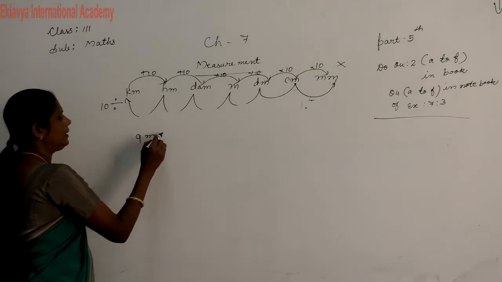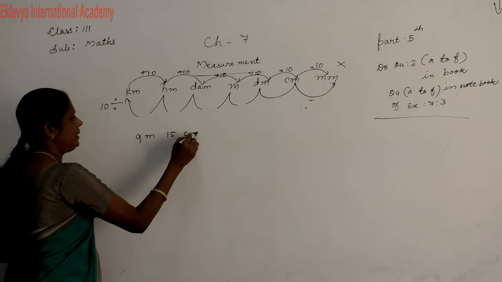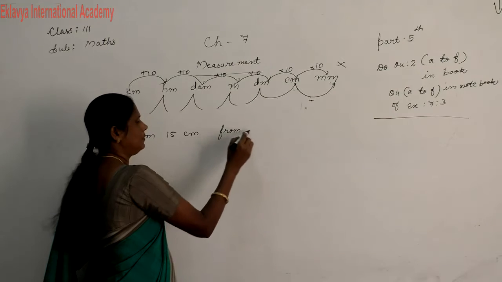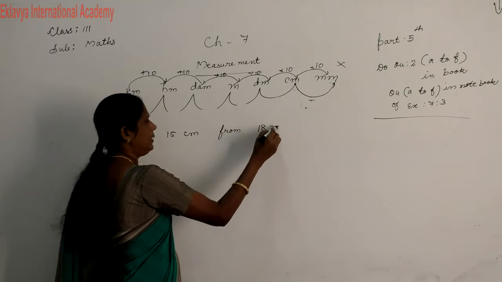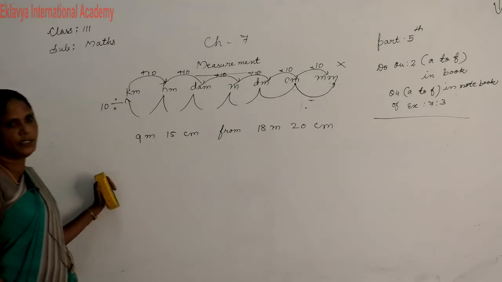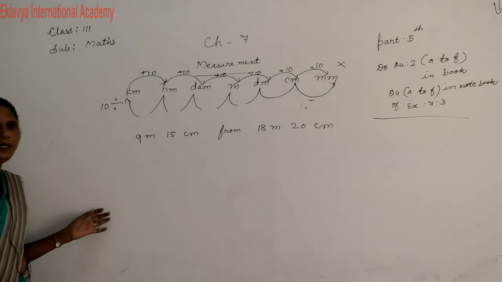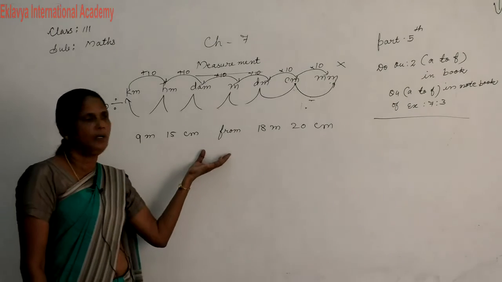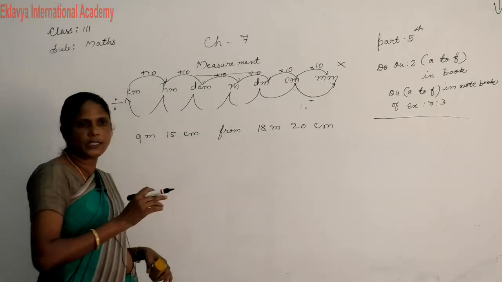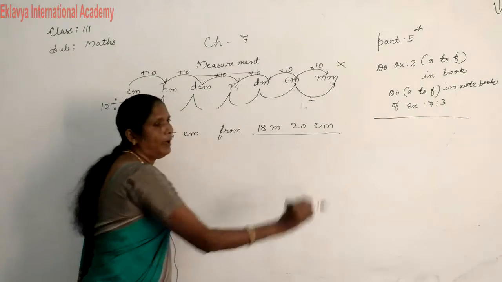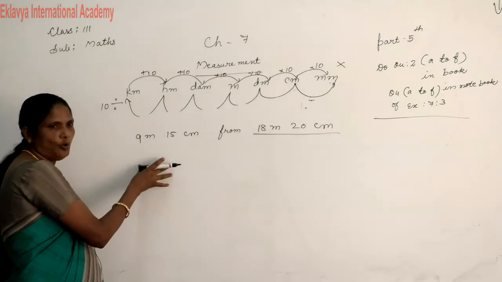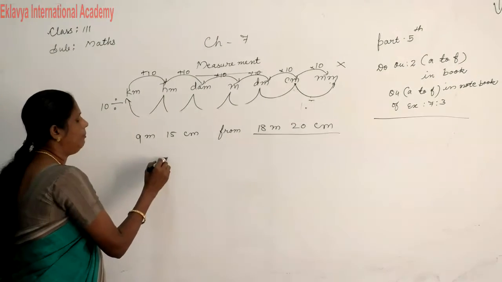9 meter 15 centimeter from 18 meter 20 centimeter. Now listen here. Again, which word comes here? "From" comes here. Which number do we write first? This number we write first. You make two columns.